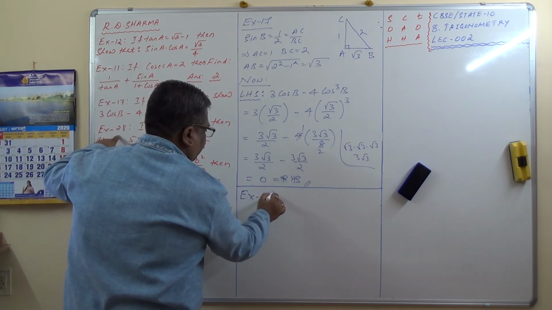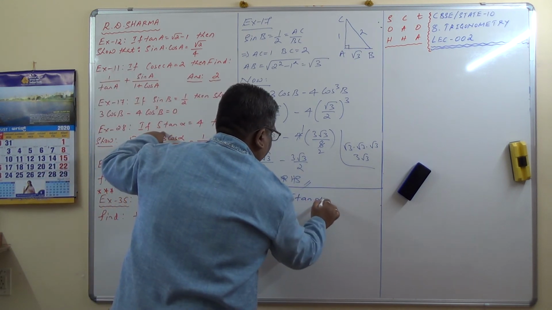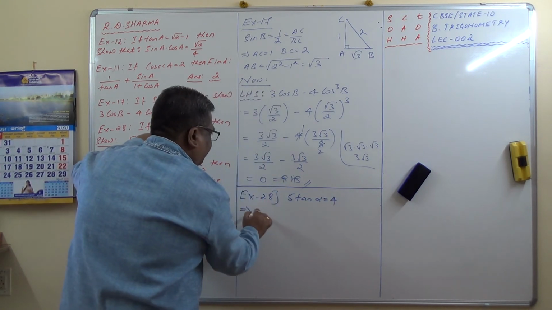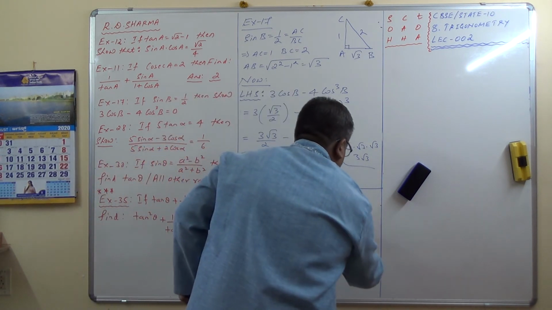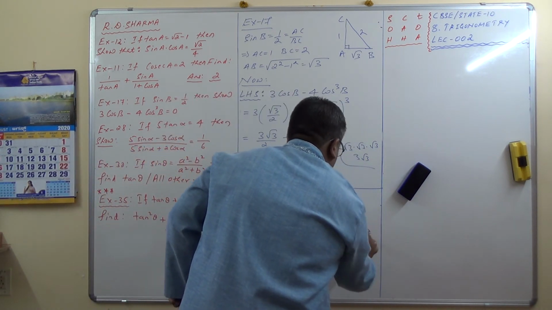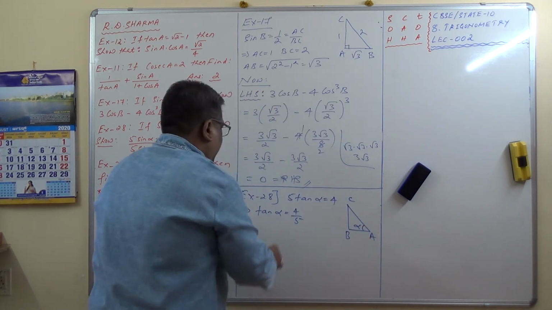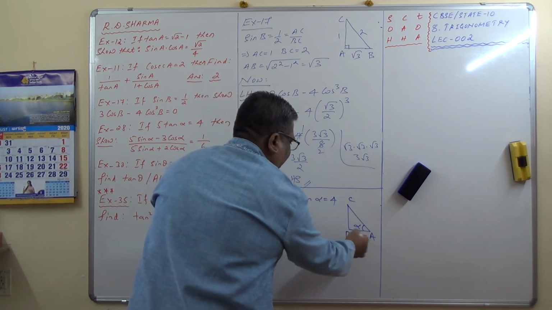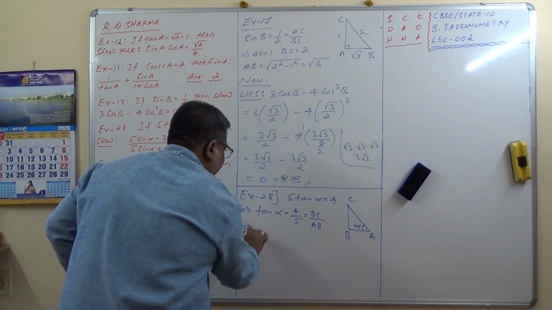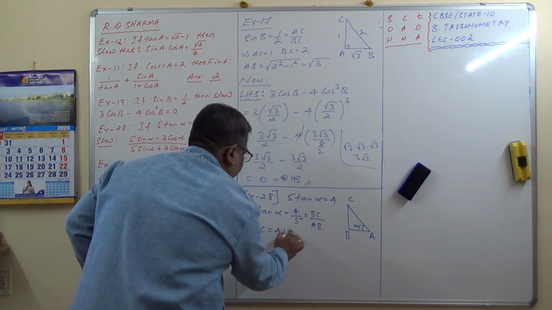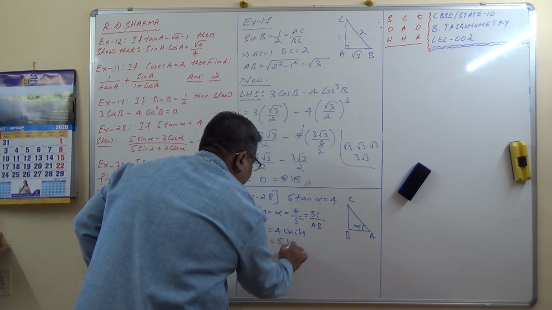So example 28. If 5 tan alpha equals 4, then tan alpha equals 4 by 5. So draw the diagram. This side it is alpha, B, A, C. So tan alpha equals opposite by adjacent, BC divided by AB, which implies BC equals 4 units and AB equals 5 units.